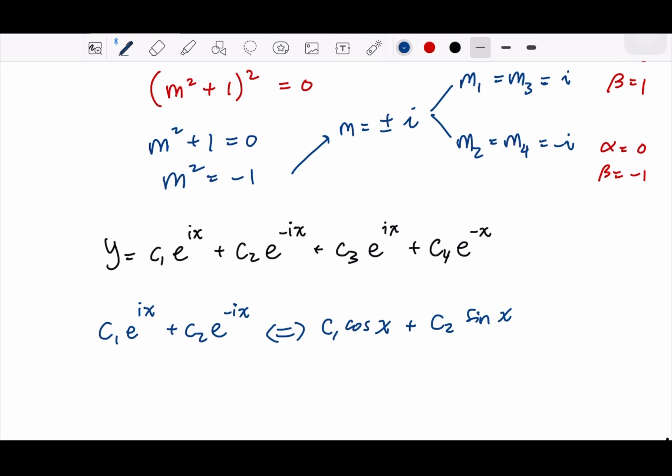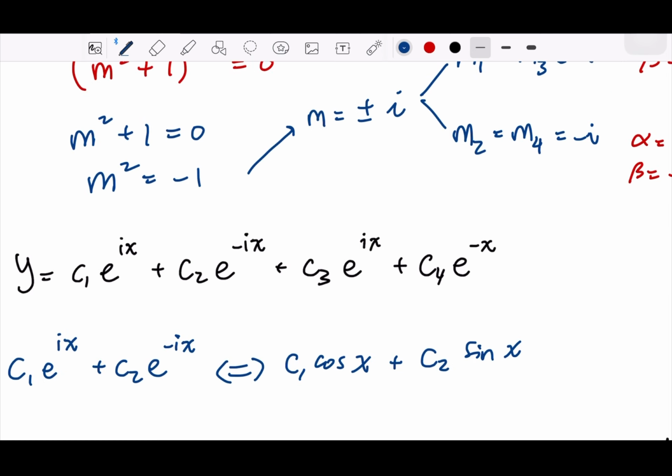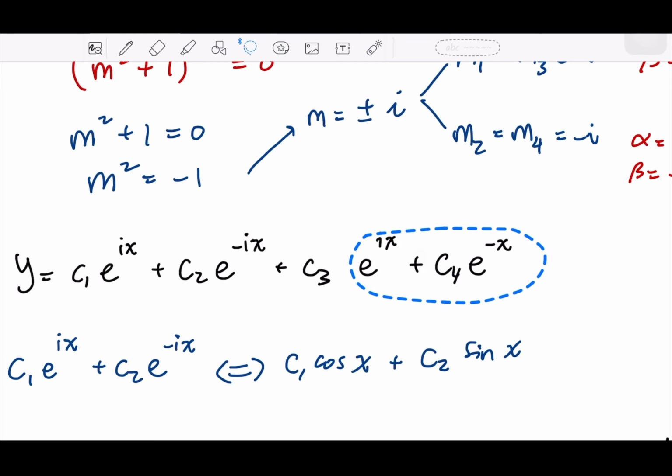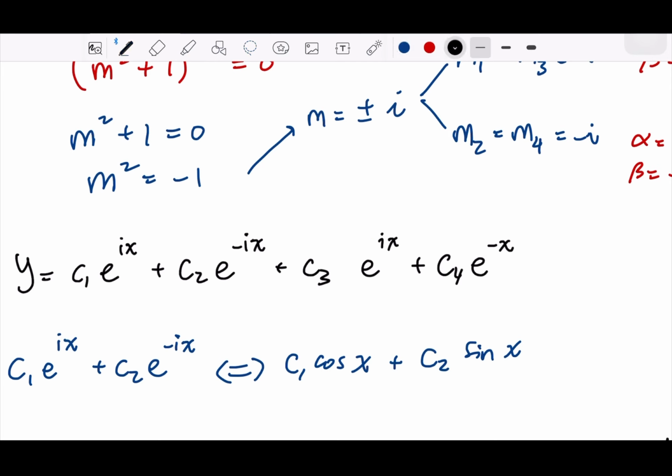Oh, I forgot to add x because it has the same, right? Don't forget that. Sorry. So it should be adding x to make it linear independent.